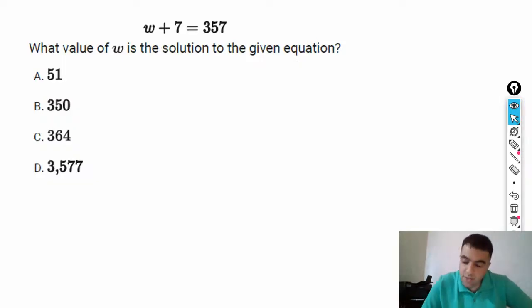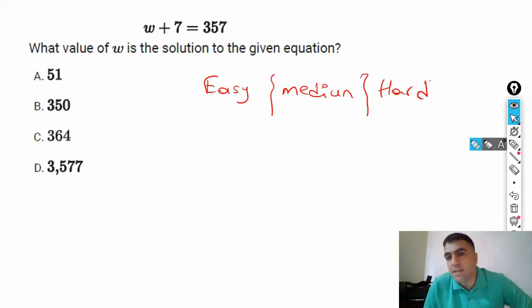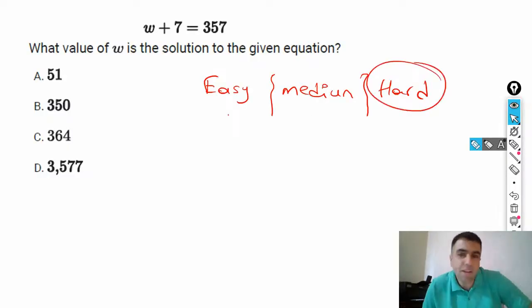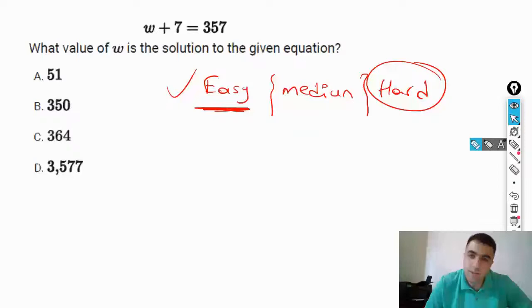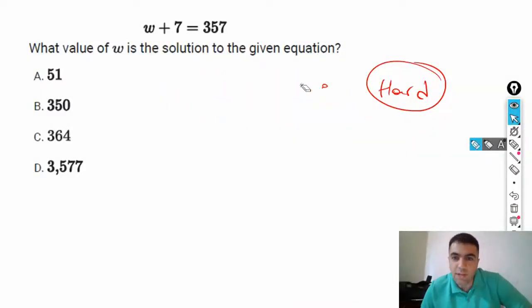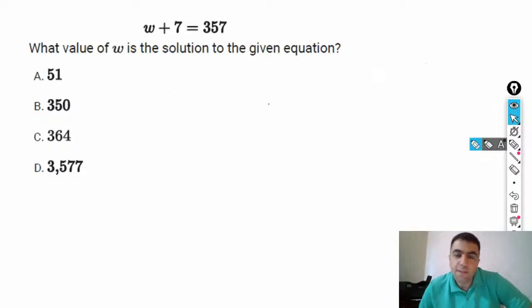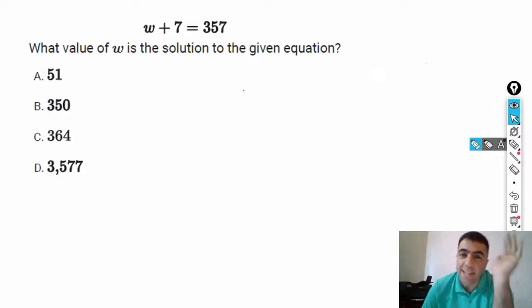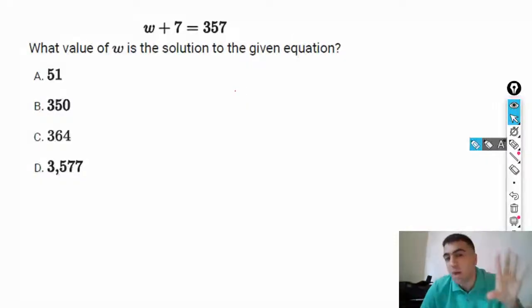Algebra, easy algebra questions, and we are going to solve them. There are three types of questions: easy, medium, and challenging, right? We are at the first phase here, which is easy. Mr. Turan, let me tell you something. In the SAT exam, there are 4 chapters in the math section.